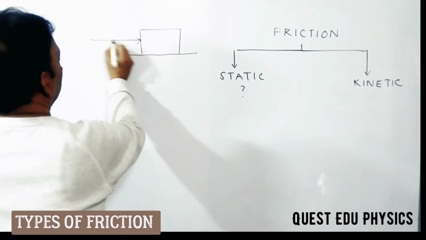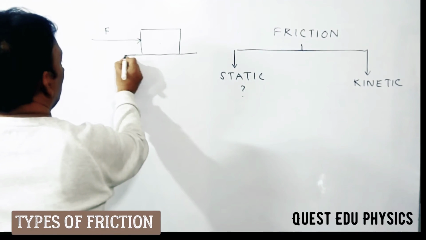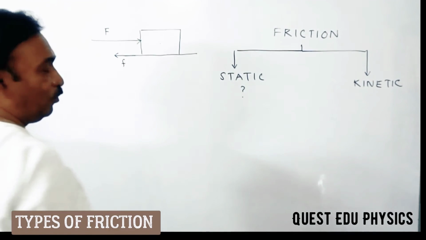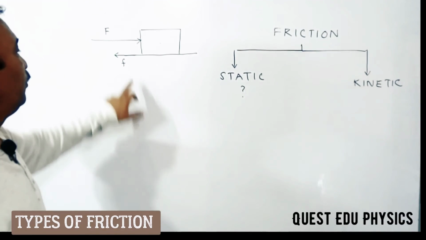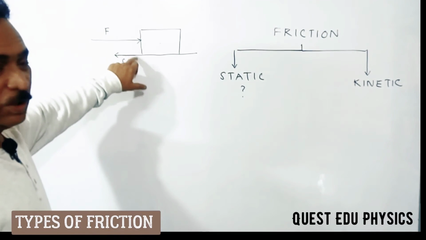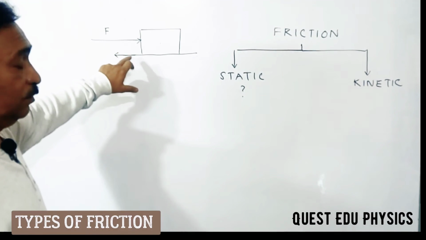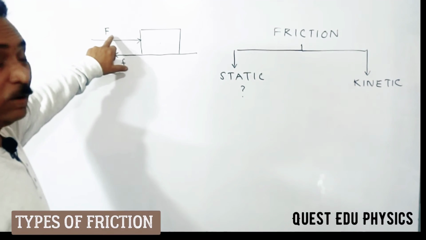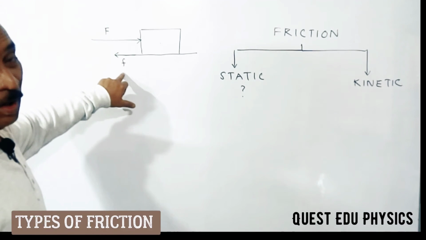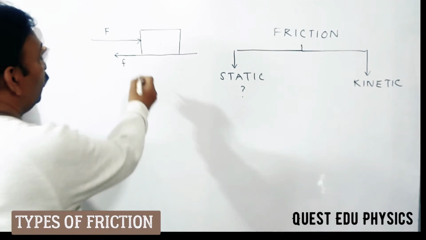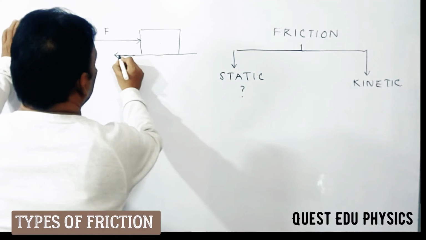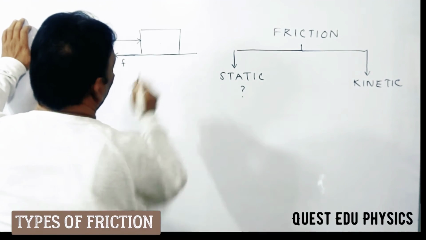I'm applying a force here, and the frictional force works opposite to the direction of the applied force. Both have magnitudes F and small f respectively, and the frictional force acts along the surfaces in contact.